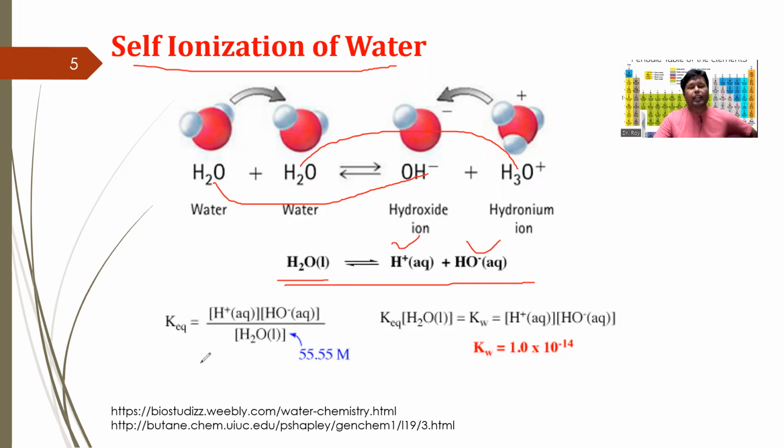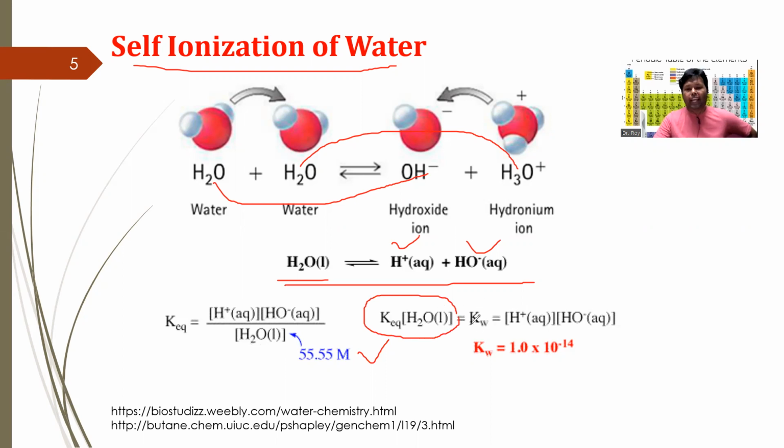We write the equilibrium constant by this formula, and generally the concentration of liquid water is very high, 55.55 molar. This is a constant value, so K equilibrium multiplied by the concentration of liquid water equals the concentration of H plus multiplied by the concentration of OH minus.